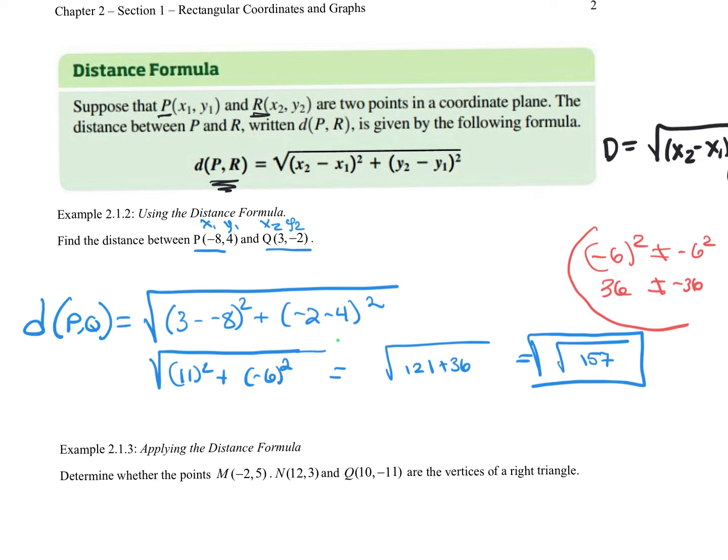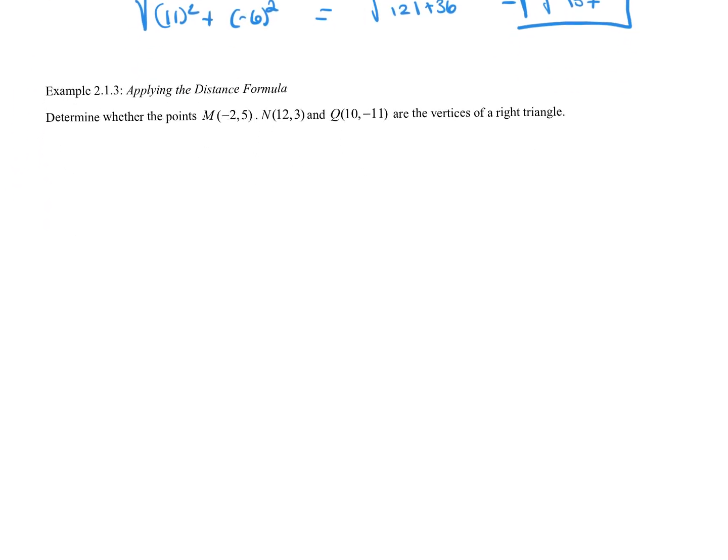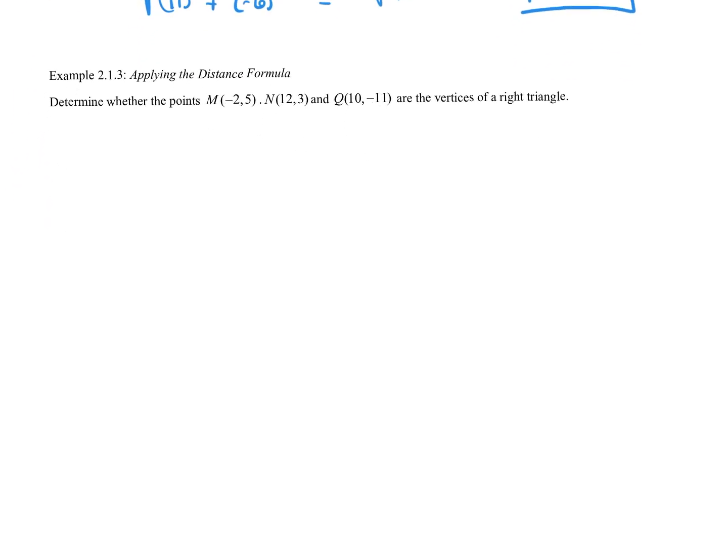So let's try another one. Very similar idea. It says determine whether the points M, N, and Q are the vertices of a right triangle. So one thing we learned about a right triangle, regardless of where in space these dots are, is that if I am a true right triangle and I call this A and B, then this is C. Then we have the Pythagorean theorem, which is A squared plus B squared equals C squared.